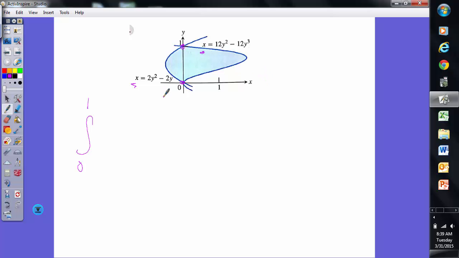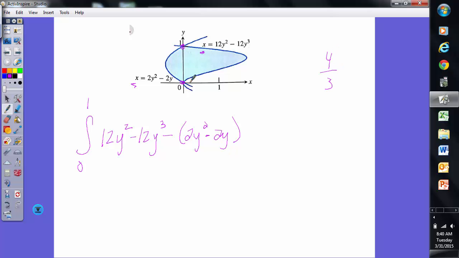So we're going to do right minus left. 12y squared minus 12y cubed minus 2y squared minus 2y. And if you do that, you should get 4/3.